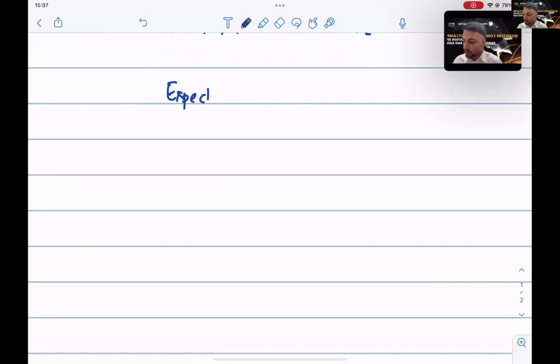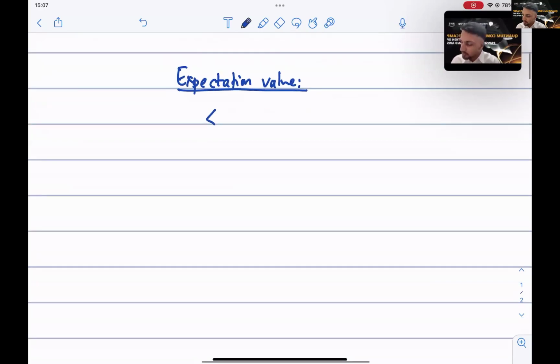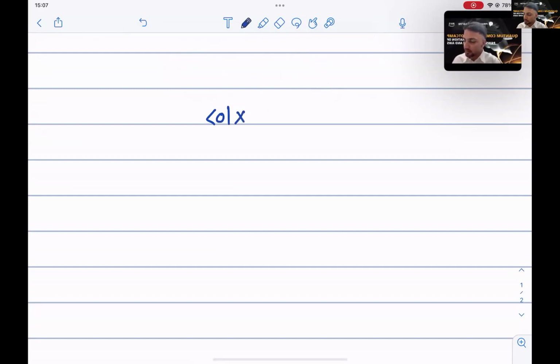This is also going to be useful. Jonas defined it, so let me first introduce this. Suppose you have a state 0 and you want to compute the expectation value of 0 with respect to its eigenstate.